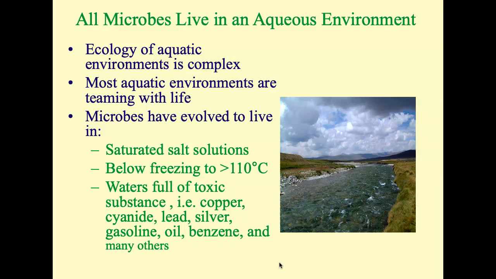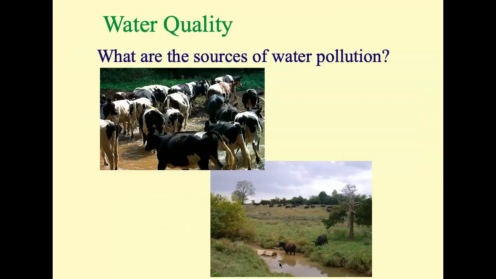And so we say microbes have evolved to live in saturated salt solutions, below freezing point, and even close to boiling point of water. Water full of toxic substances, water contaminated with copper, cyanide, lead, zinc, and even gasoline are all found in some groups of microorganisms.